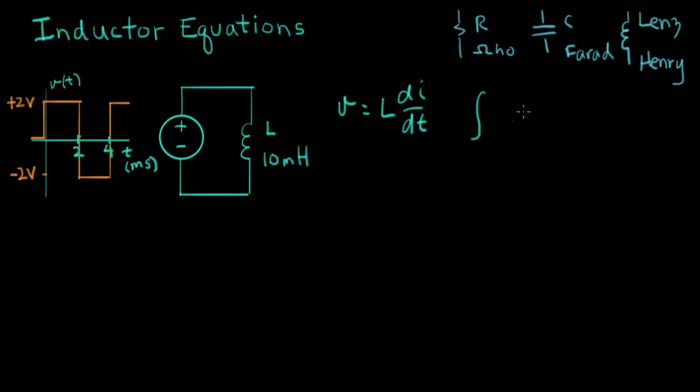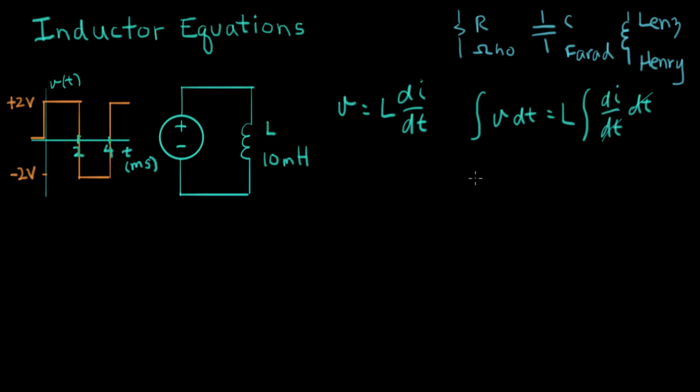So we take the integral of V with respect to time, and that equals L times the integral of di dt with respect to time. And these two terms go away, and we have the integral of di. The antiderivative of di is what function has a derivative of di, and that would be just I.